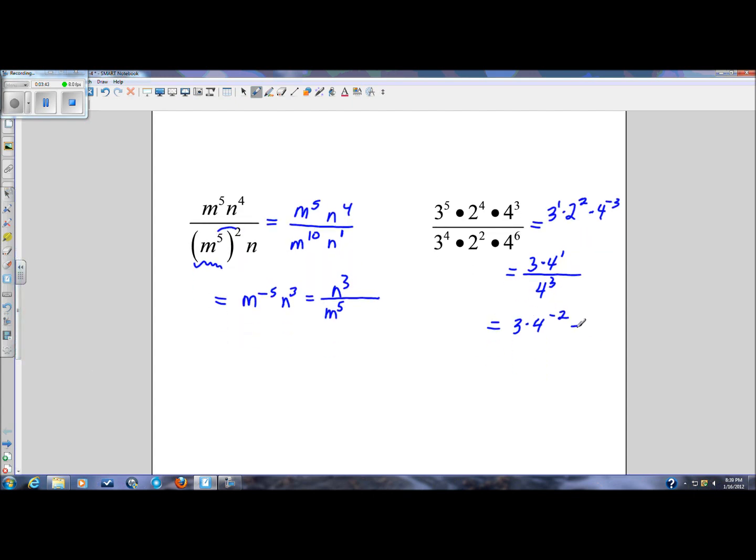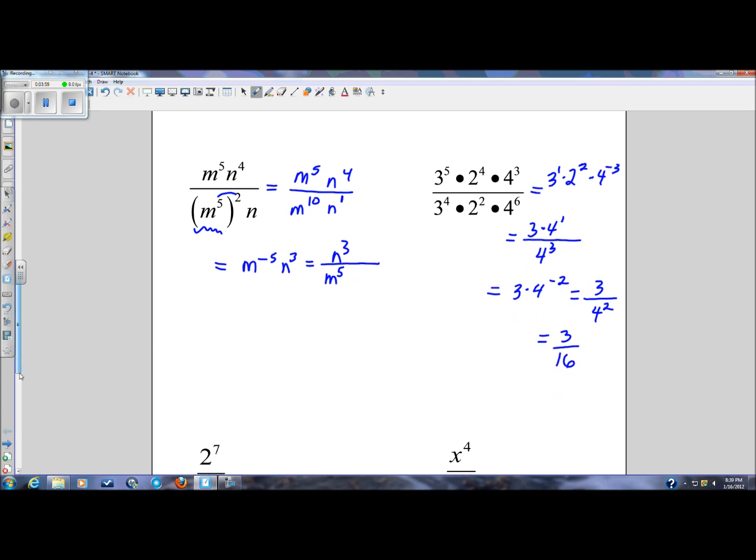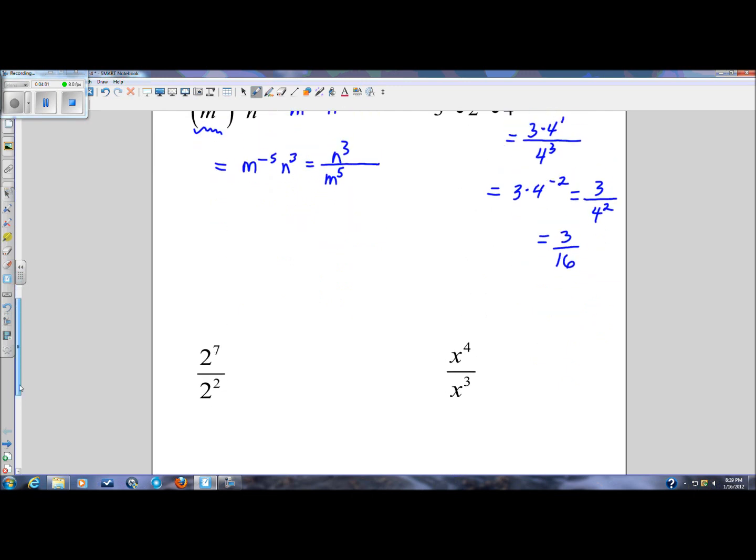Take that part with the negative exponent and move it to the denominator. So we have 4 to the 2nd in the denominator and 3 in the numerator. Well, 3 over 4 to the 2nd simplifies as 3 over 16. So 3/16.